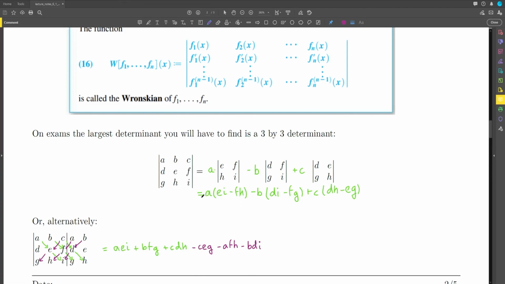I'll quickly take a look at two terms, A, E, I. That's what you see here. And then minus A, F, H. That term is what you see here. But you should verify the other terms as well.